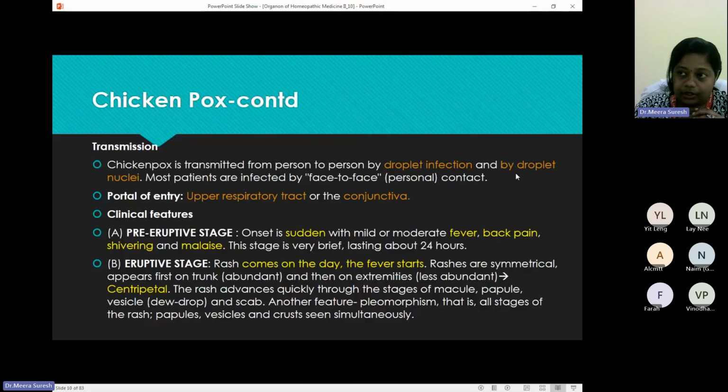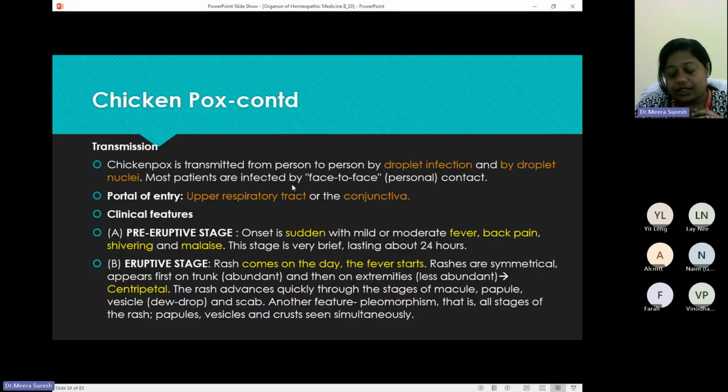And if a person comes after some time, touches there, and accidentally his hand goes towards the nasal or the mouth region, then also the infection can develop. So that is why they specifically mention droplet infection and droplet nuclei, because the time constraint doesn't matter here. Even if it is a droplet, the bigger size, or the nuclei, it will stay for long, so we need to be very careful.